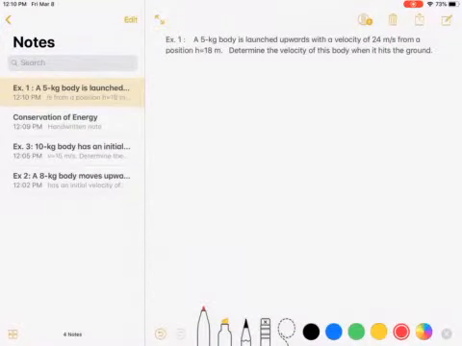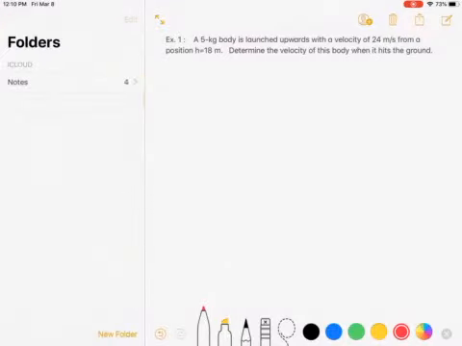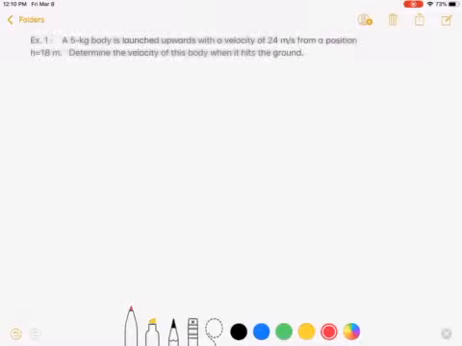So the first thing I'm going to do here is draw a diagram.